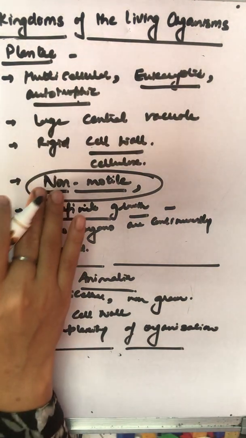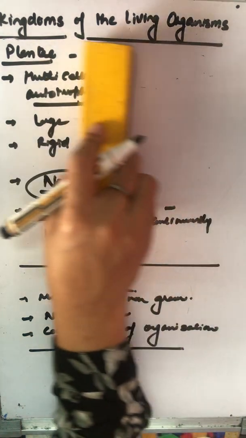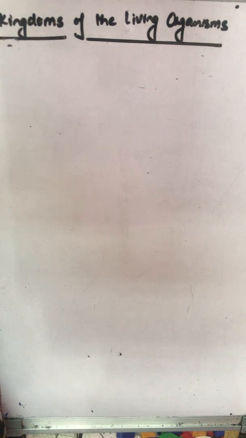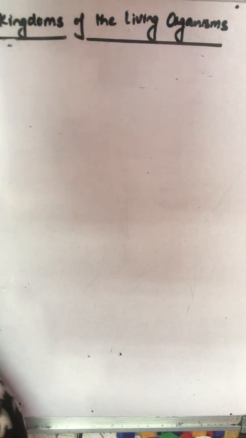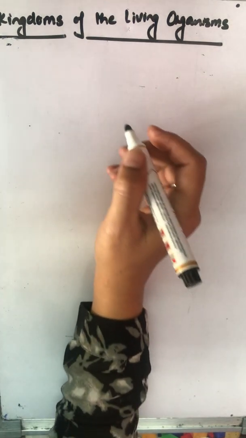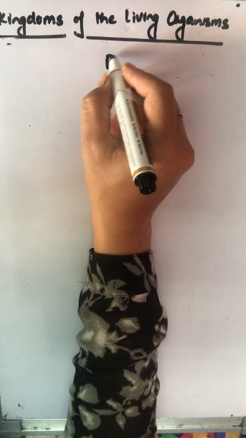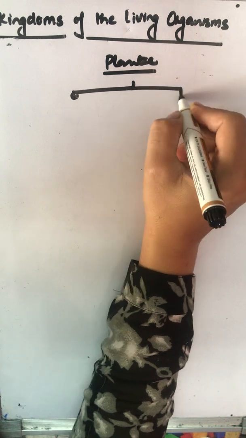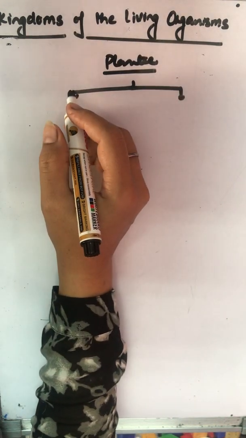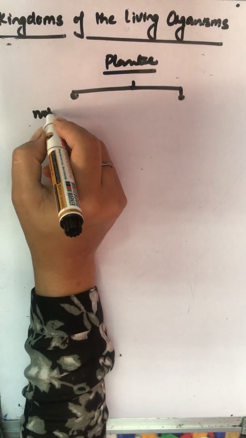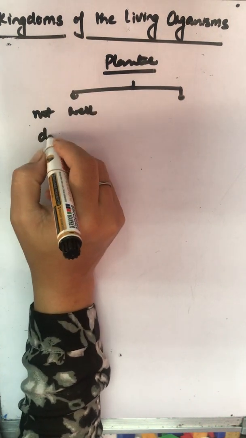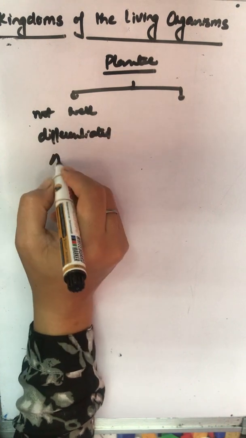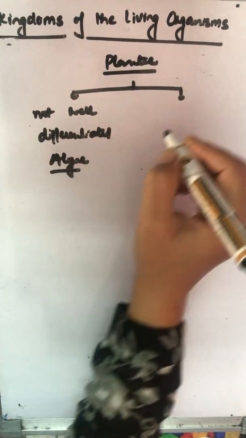We are starting with Plantae first. When we start the division of Plantae, we first make a little layout diagram, a kind of flow chart, where we say Plantae: when the plant body is not well differentiated, we call it algae.